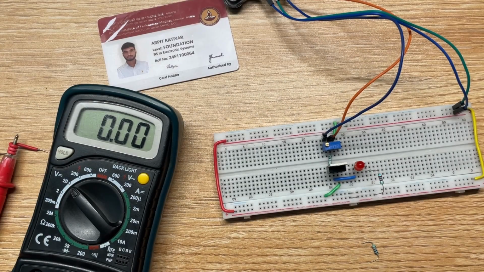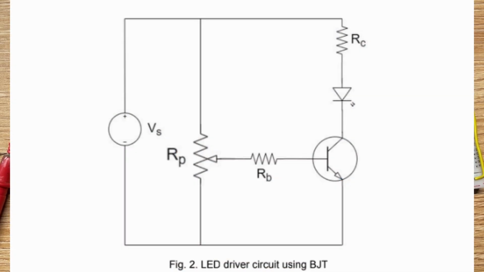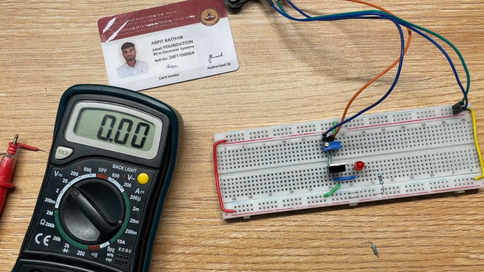This is part 3 of this experiment, a MOSFET transistor driven circuit. As you can see in the figure, it is the same, I just replaced the BJT with the MOSFET. In this experiment I gradually increased the output voltage and observed the brightness of the LED.